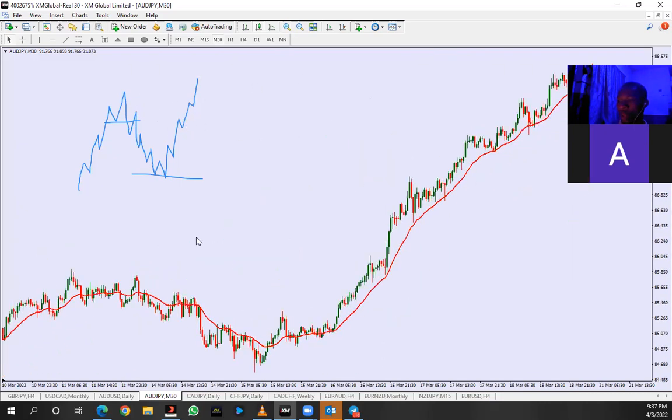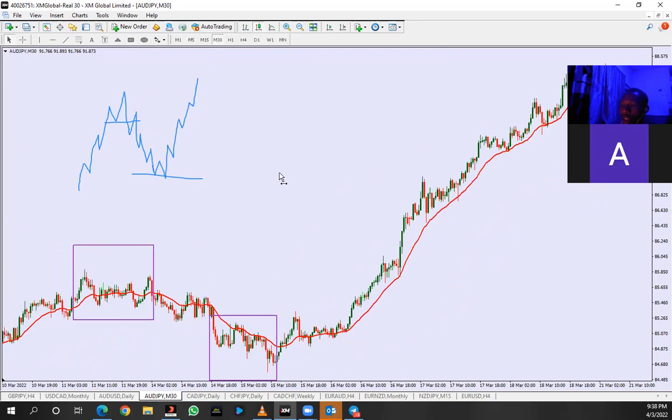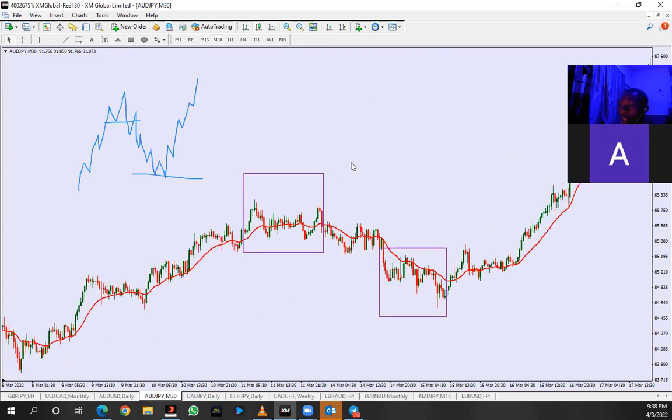Let's start from here, and this top. Good. Let's start from this area. Now, this is the particular move up, the move up we talked about.